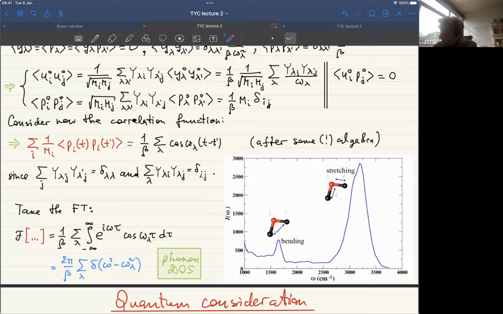And you can see that there are some peaks in this density of states associated with two vibrational modes of the water molecule. So there is a way to access vibrational properties of liquids using molecular dynamics means.